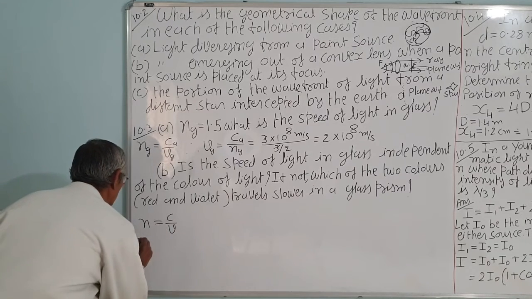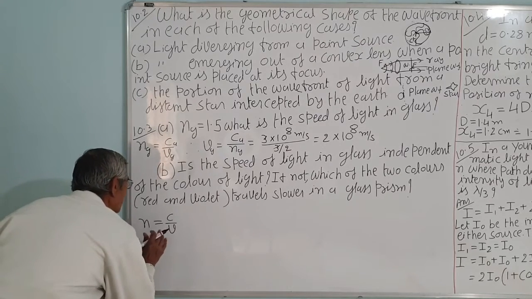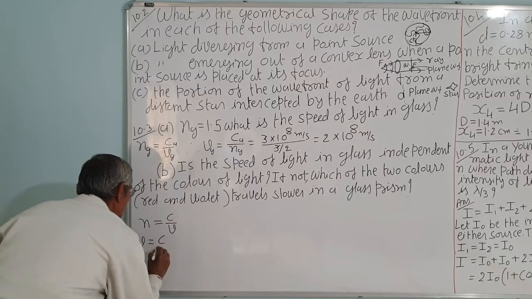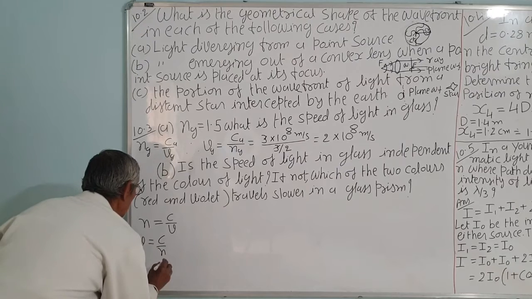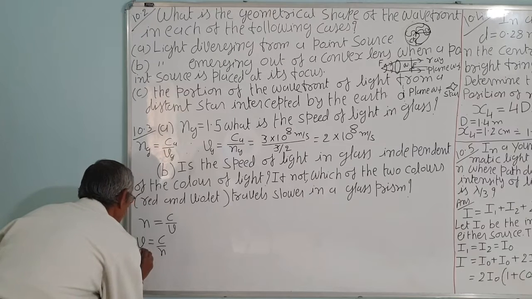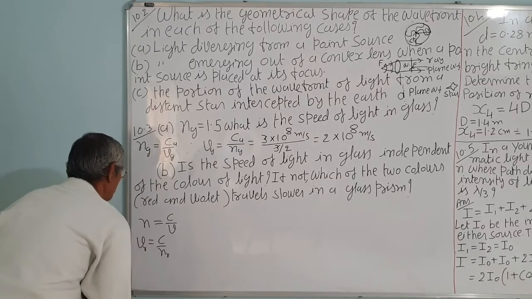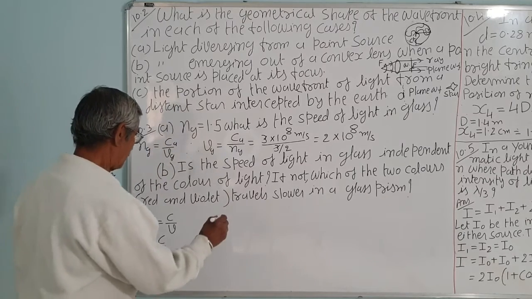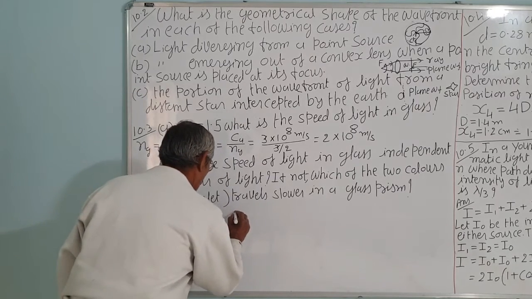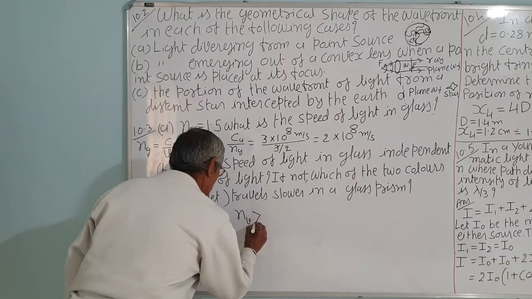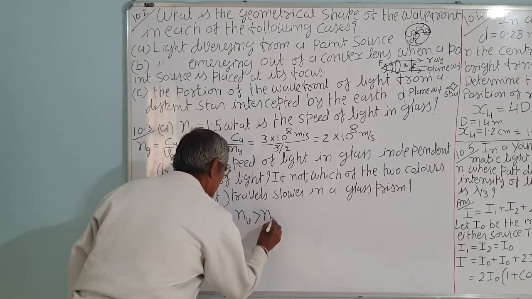So v is equal to c upon n. Now n for red is less than for violet. n for violet is greater than the refractive index of red color.